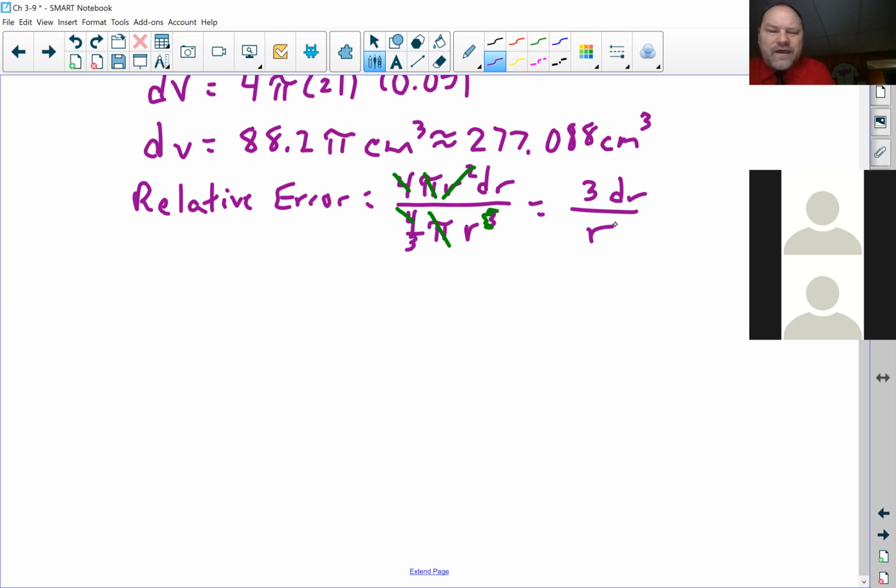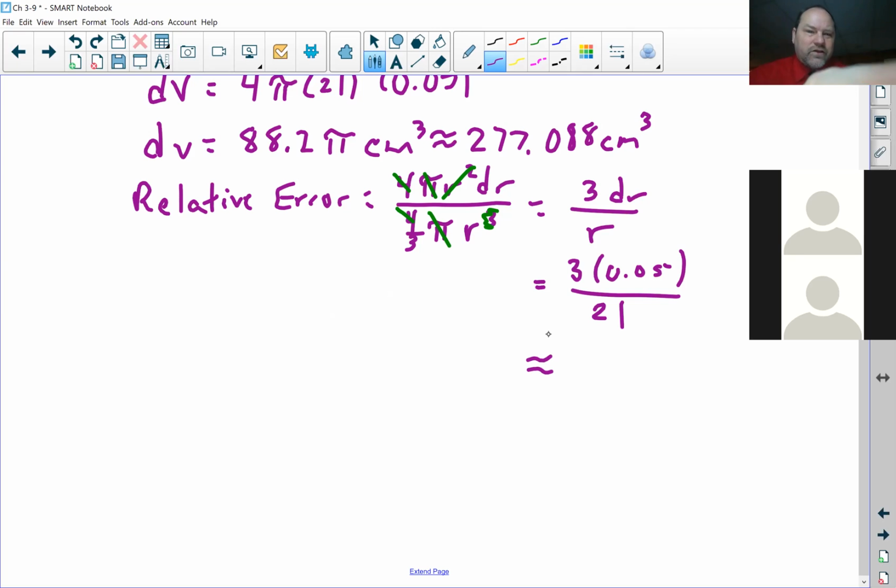And I know what those values are from the problem. dr is 0.05. r is 21. So we can calculate the relative error.